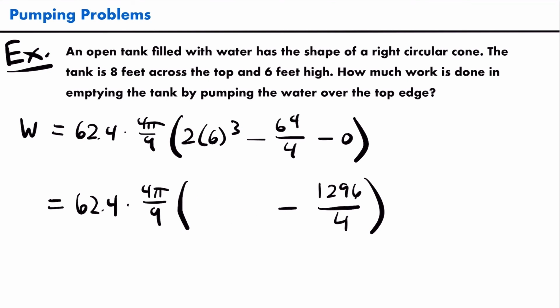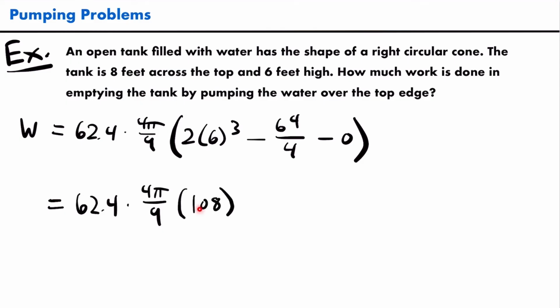That is going to be 432. And then 1296 divided by 4 is 324, and so I'll rewrite that. That will be 324. And then 432 minus 324 is 108. So let's rewrite that, and we will multiply by 108.